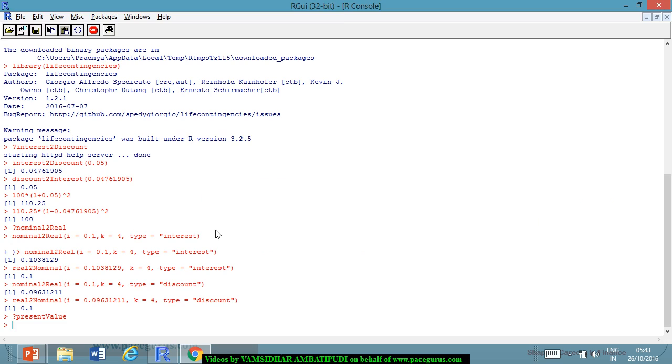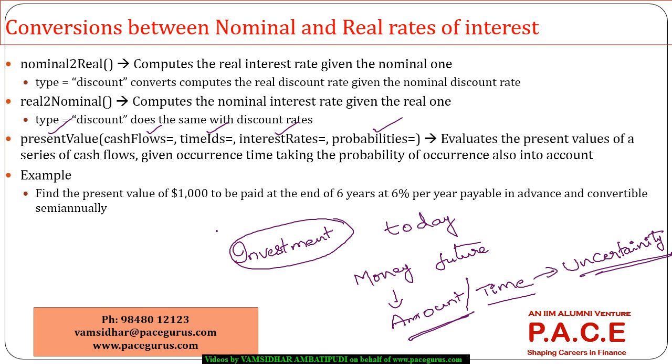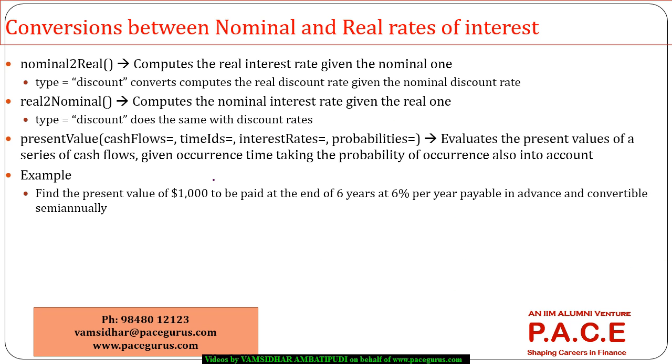So let's do this numerical which I have written down. Find the present value of 1000 to be paid at the end of 6 years at 6% per year payable in advance and convertible semi-annually.